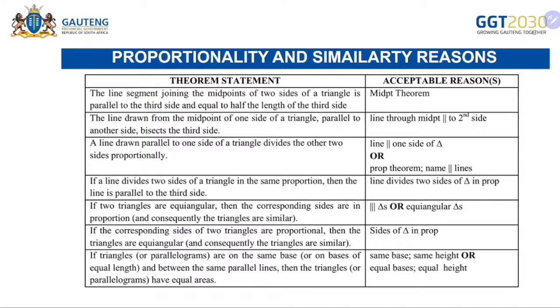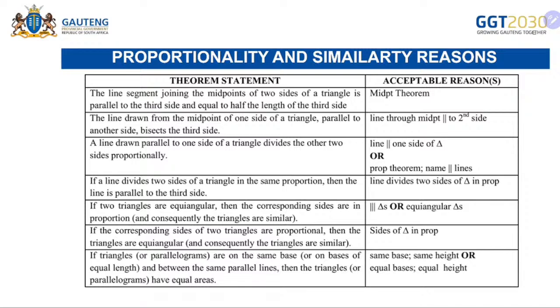If two triangles are equiangular, we will look at this one in our next lesson, then the corresponding sides are in the same proportion. Also, if the corresponding sides of two triangles are proportional, then the triangles are equiangular, and consequently we say the triangles are similar. As a reason, we say sides of a triangle in proportion.